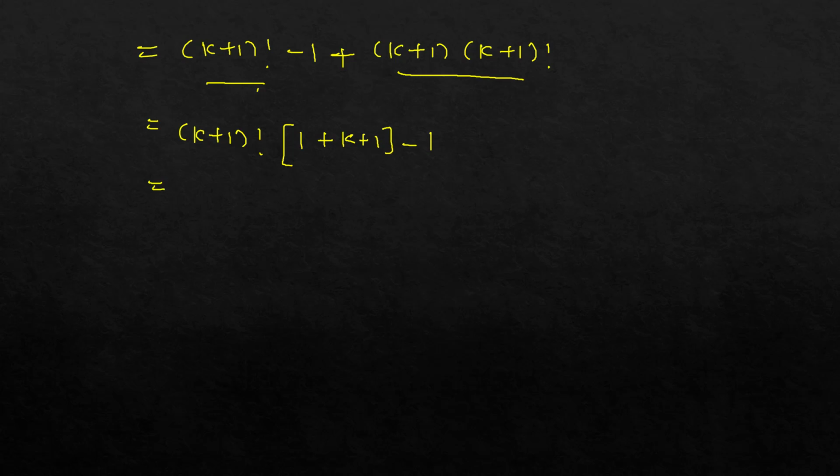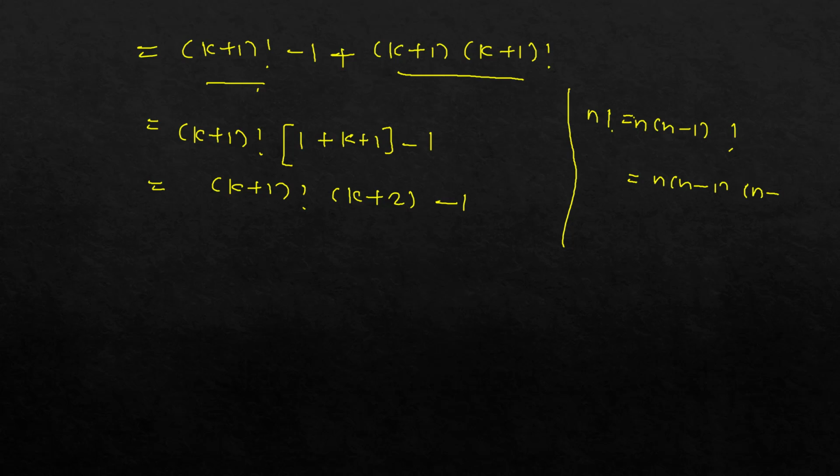So here we get k plus 1 factorial into k plus 2 and minus 1. By using the concept of factorial, that is n factorial is equal to n into n minus 1 factorial, and again n minus 1 into n minus 2 factorial and so on, this term also gets replaced: k plus 1 and k plus 2, at that time it is replaced by k plus 2 factorial minus 1, equation number 4.